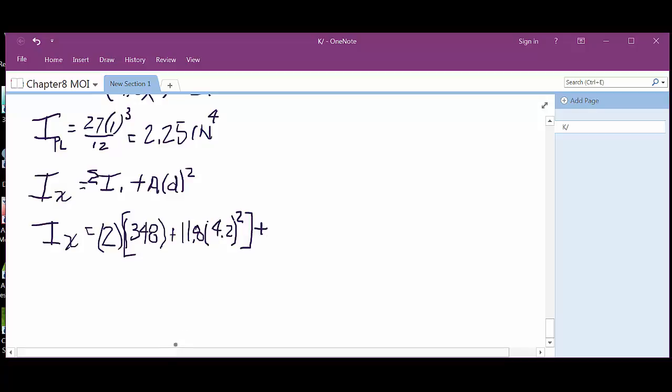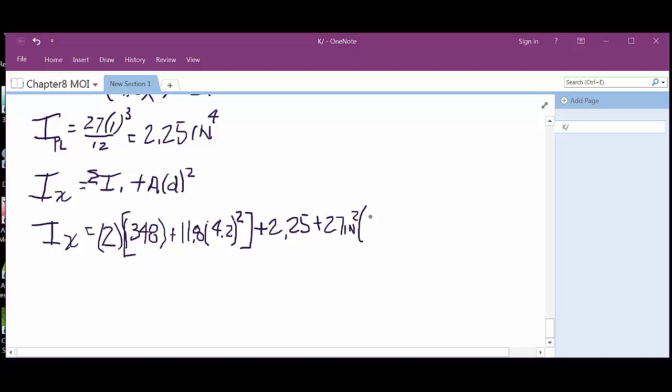Plus the moment of inertia for the plate, which was 2.25, plus the area of that plate, which was 27, wasn't it? I left some units out there, didn't I?